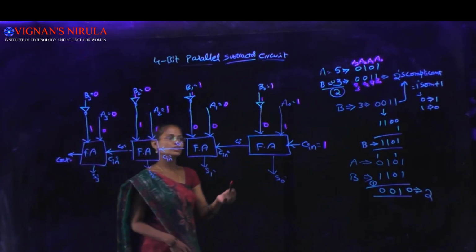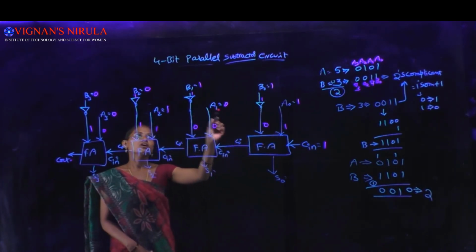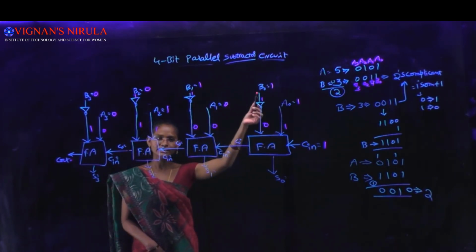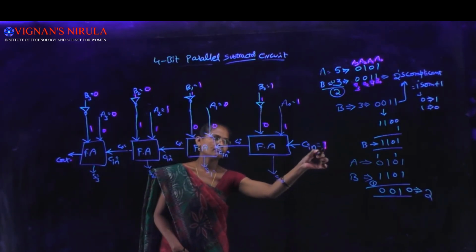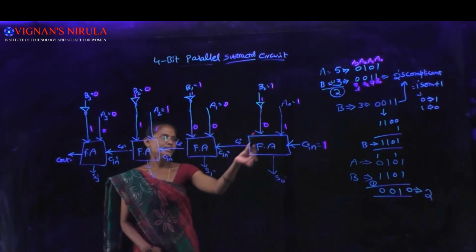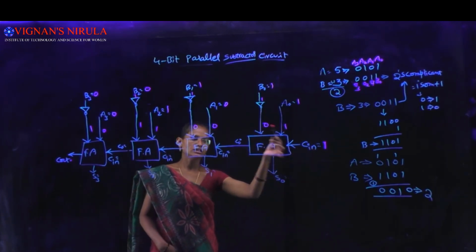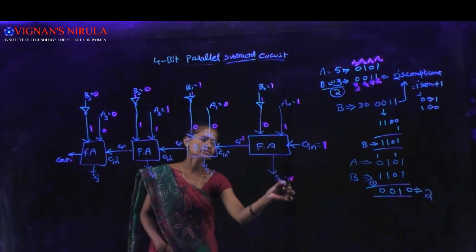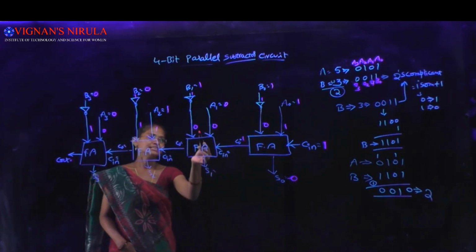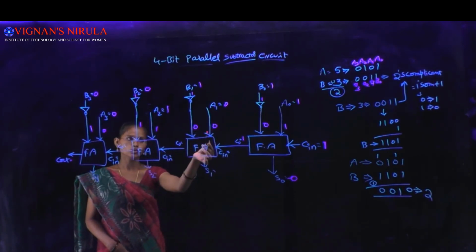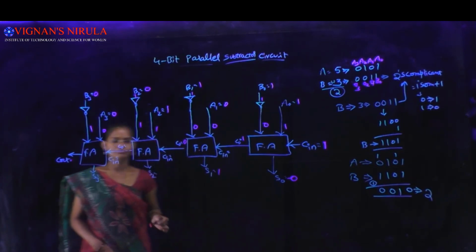Normally we perform the binary operation. 1 plus 0. In this 4-bit parallel subtractor circuit, the Cin is taken as 1. Okay, here 1 plus 0 plus 1 is 0, carry 1. Okay, and next 0 plus 0, 0; 0 plus 1, sum 1, carry 0.